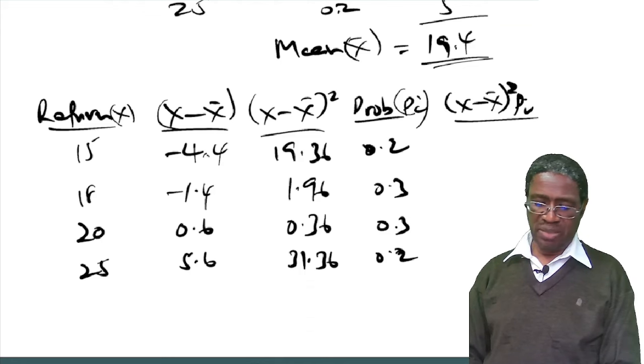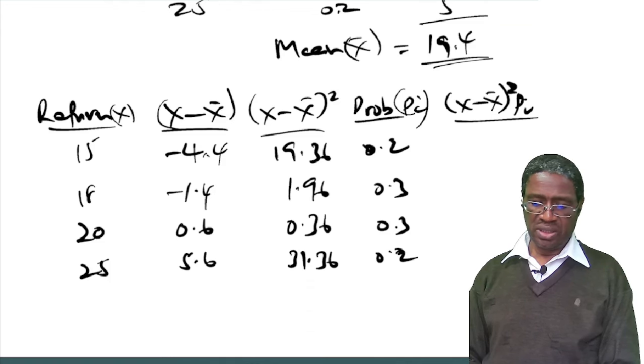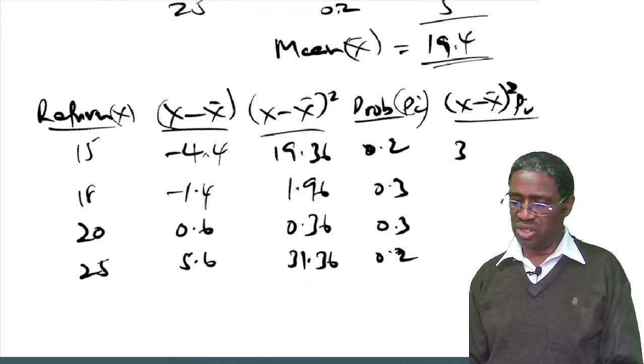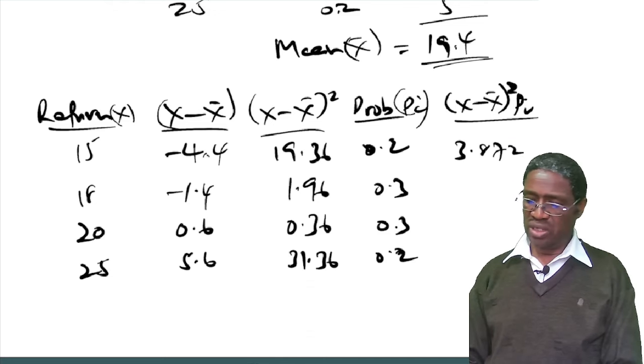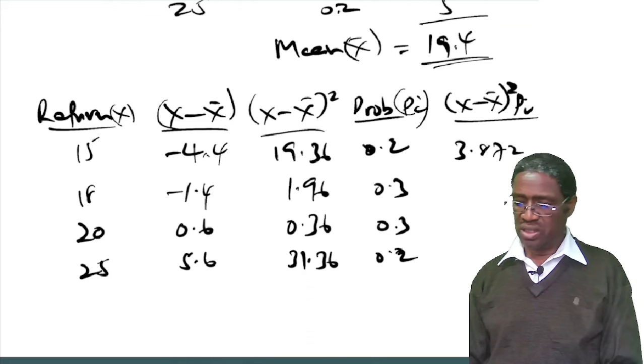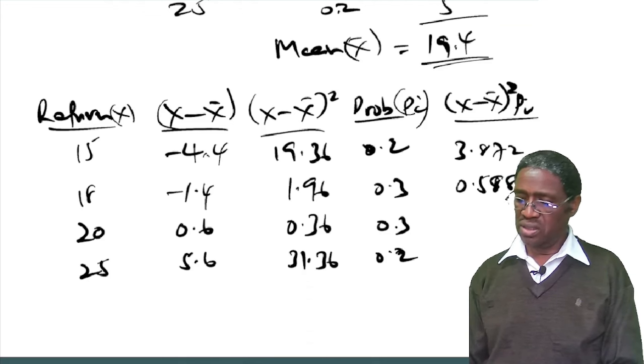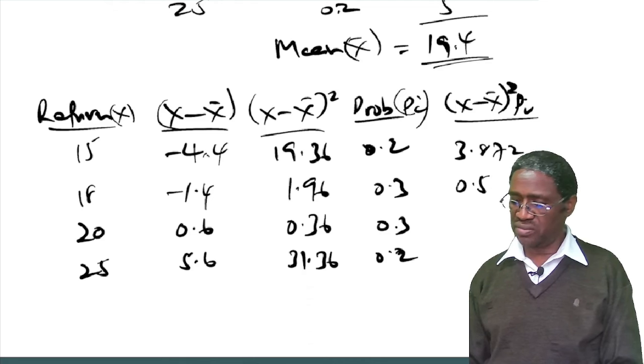So let's multiply them by the probabilities. 19.36 times 0.2 is 3.872. Second one, 1.96 times 0.3 is 0.588.